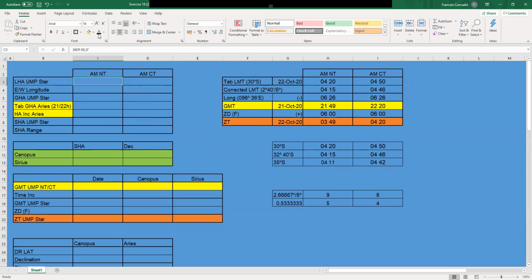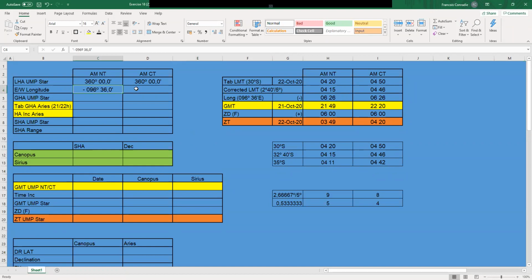To start all of this off, we'll do the same thing that we've been doing up until now. We're going to start at 360. The LHA for a star at Upper Meridian Passage will be 360.